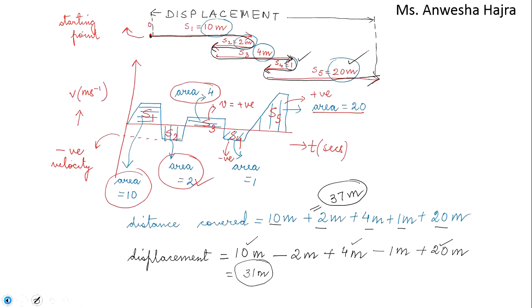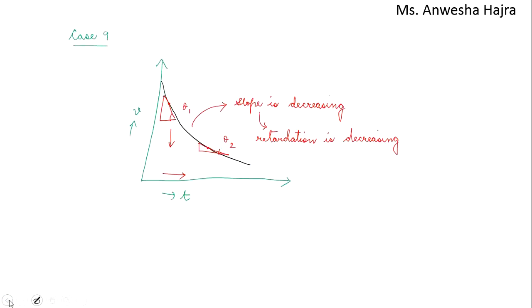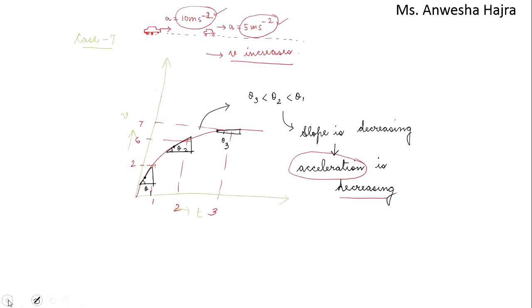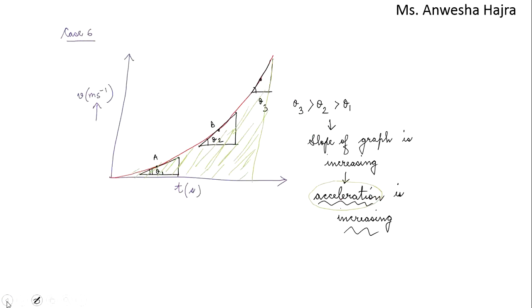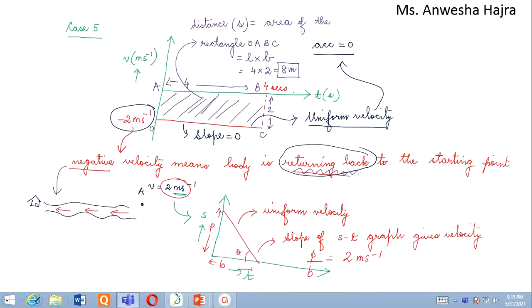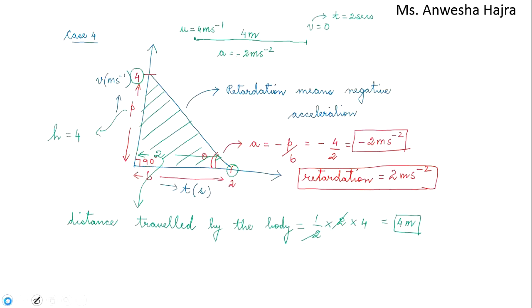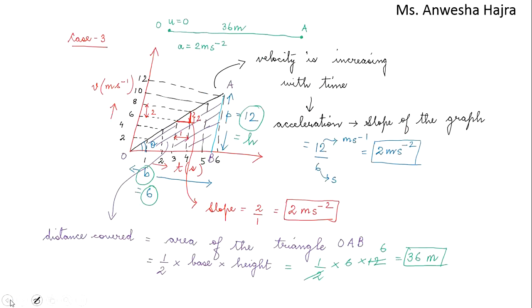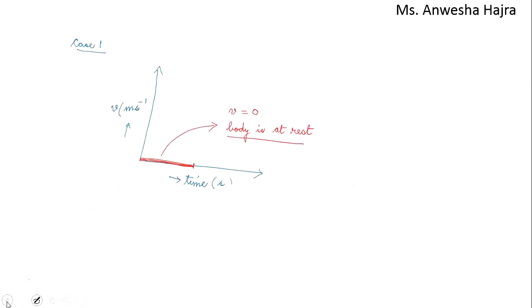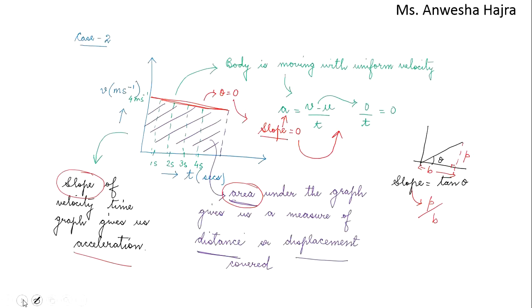So from the beginning, if we come back to the very beginning of this type of graph, it means the body is at rest. The body is not moving at all. This type of graph means uniform velocity, acceleration 0.